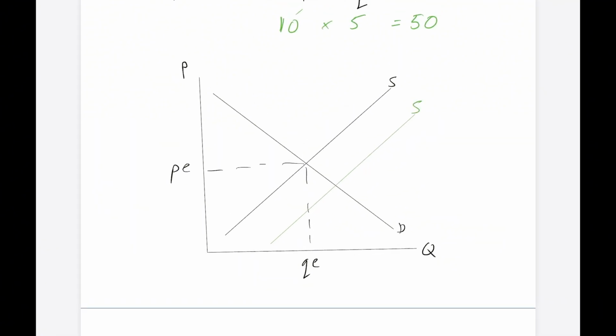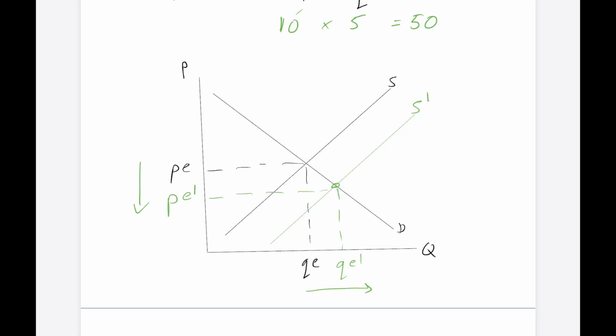So there will be an increase in supply. As a result, we have a new equilibrium point. Here we can see that the price equilibrium has decreased from PE to PE1, and that the quantity equilibrium has increased from QE to QE1.